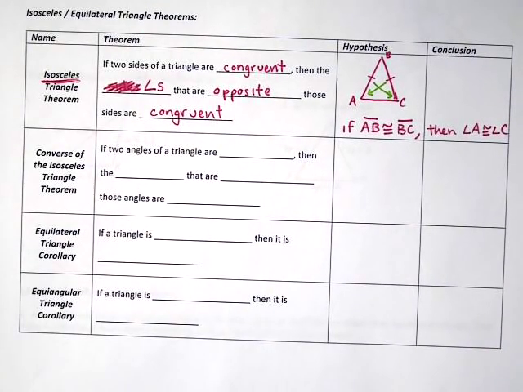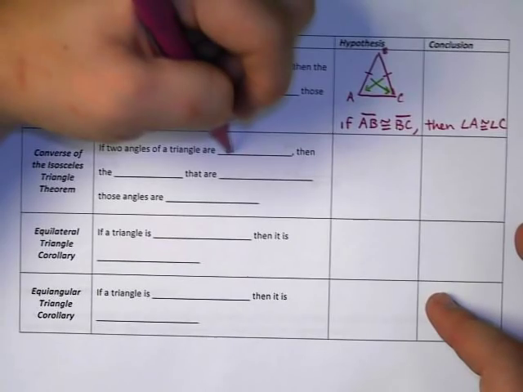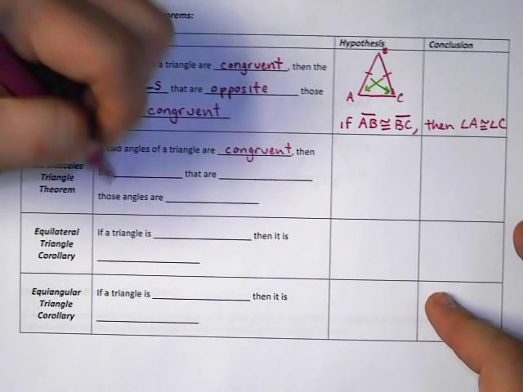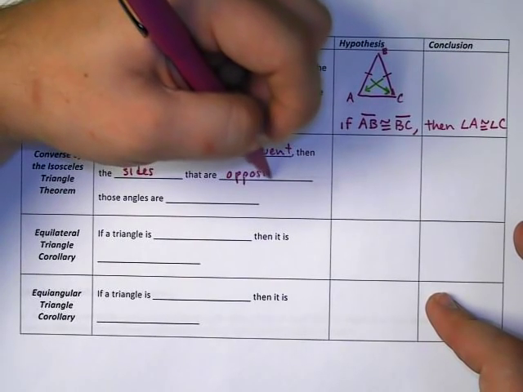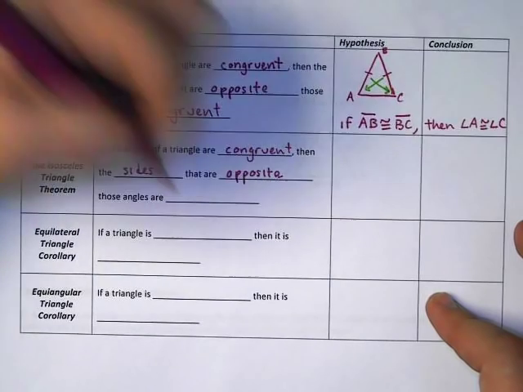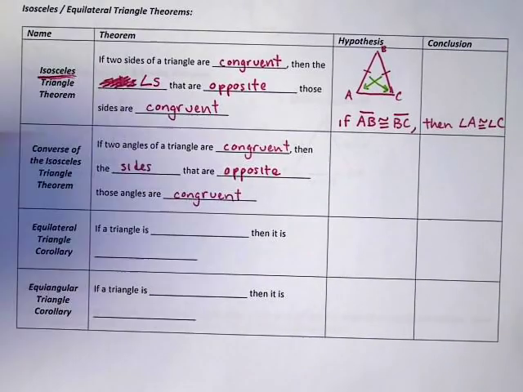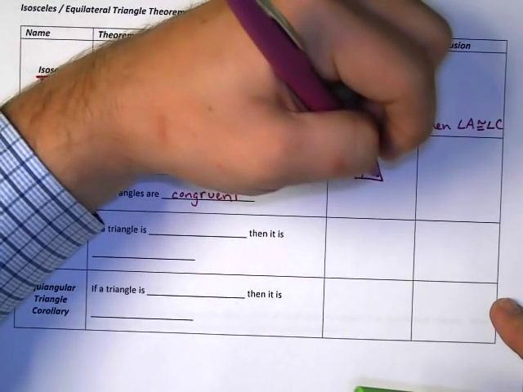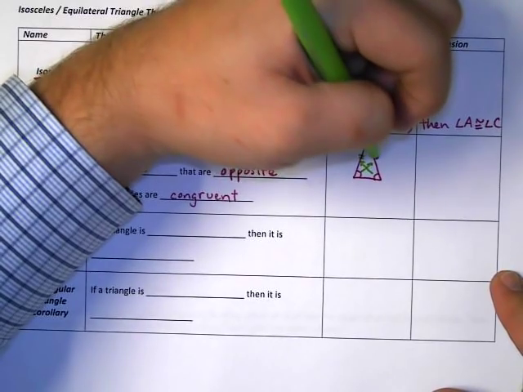Now the funny thing is it works the exact same way, but in reverse. So if two angles of a triangle are congruent, then the sides that are opposite those angles are congruent. So my picture doesn't have to change much, but now I'm giving you congruent angles, and so you need to know congruent sides.